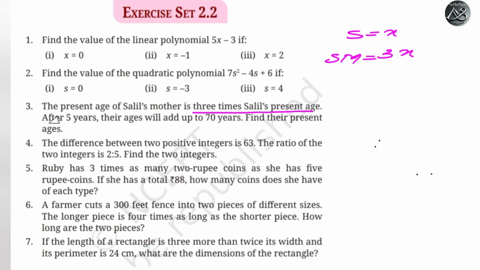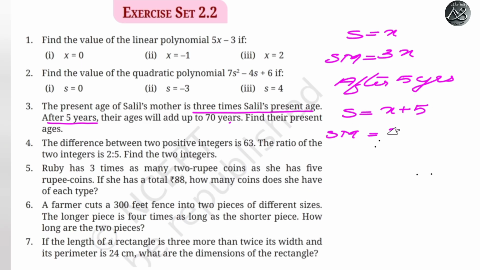Okay. Then after 5 years, their ages will add up to 70. This is the present age. Present age of Salil is x and present age of Salil's mother is 3x. Then what will be their ages after 5 years? After 5 years, age increases by 5. So after 5 years, Salil's age is x plus 5 and Salil's mother's age is 3x plus 5.